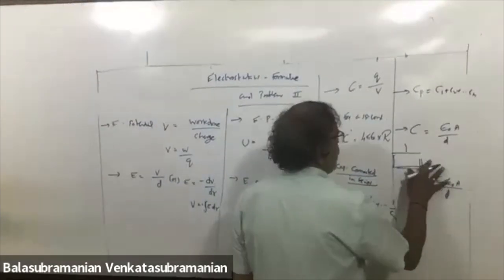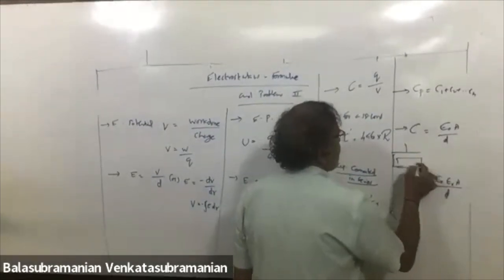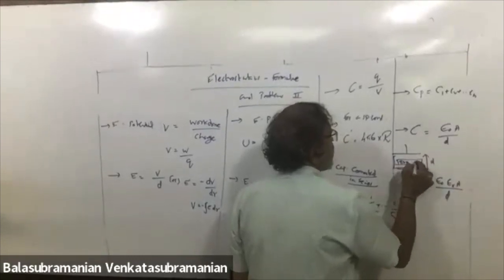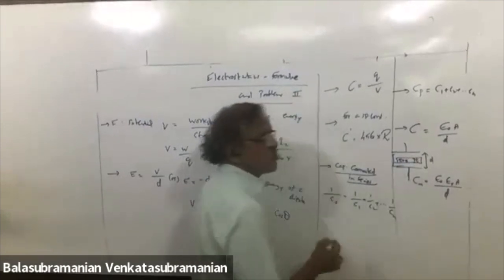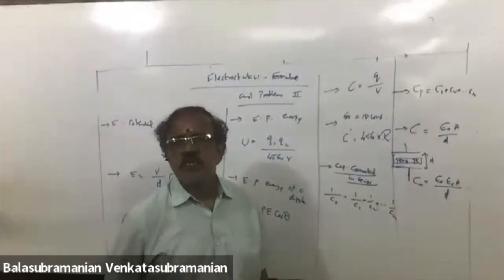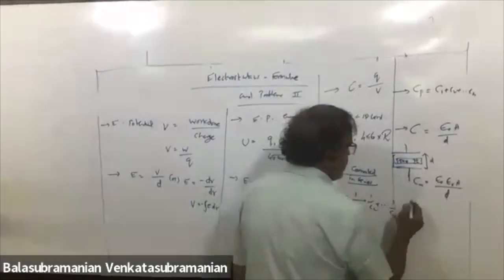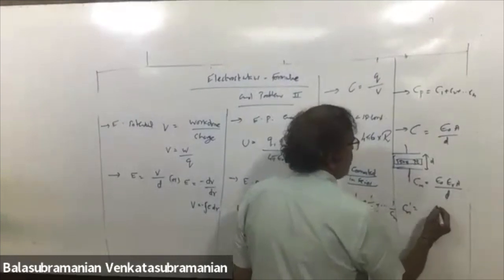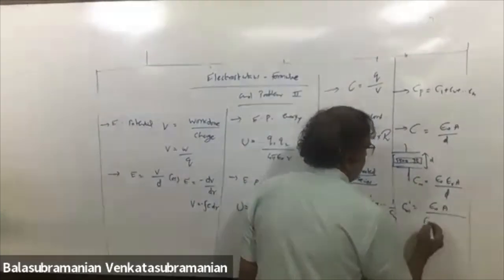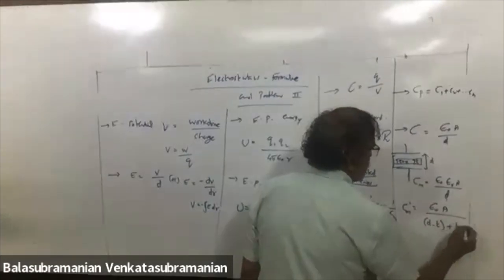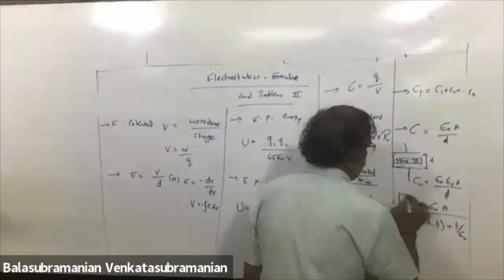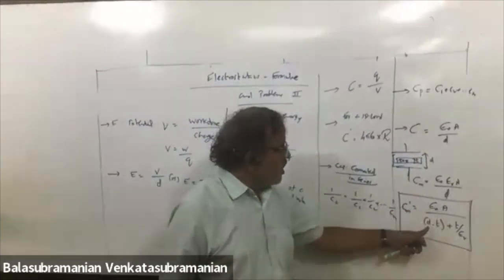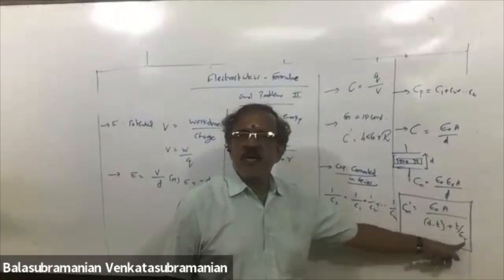It is not fully dielectric, it is partially dielectric. Total distance is D. A dielectric of thickness T is introduced. Then the capacitance formula is C dash, or C medium dash, epsilon naught A by D minus T plus T by epsilon r.